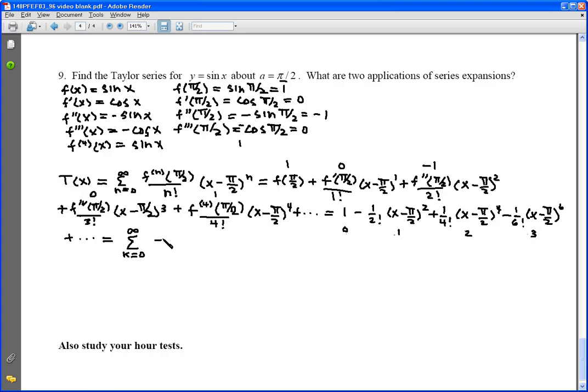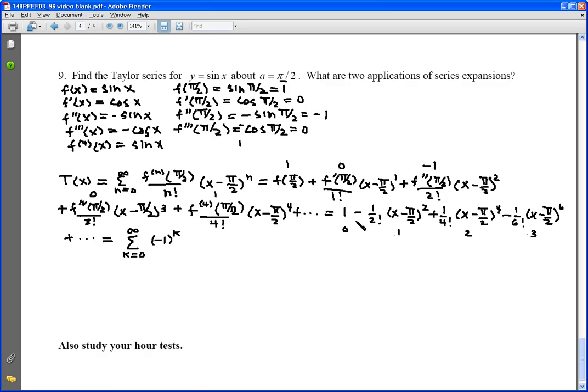This starts with a positive, and k starts with 0, so -1 to the k when k is 0 is +1. When k equals 1, we get -1 to the 1, which gives us a -1. So that's what we want there.